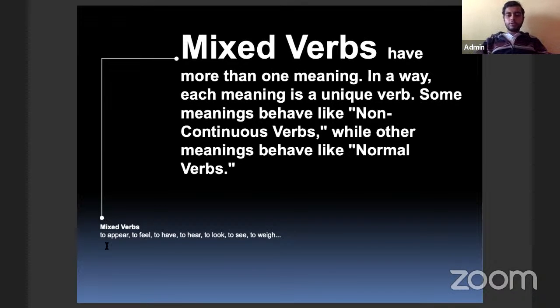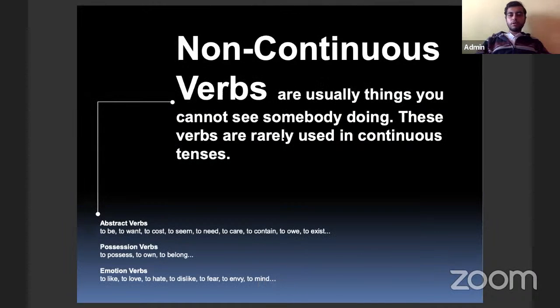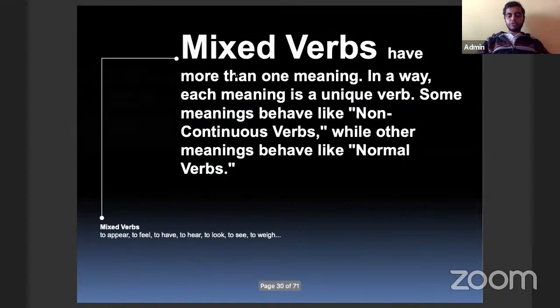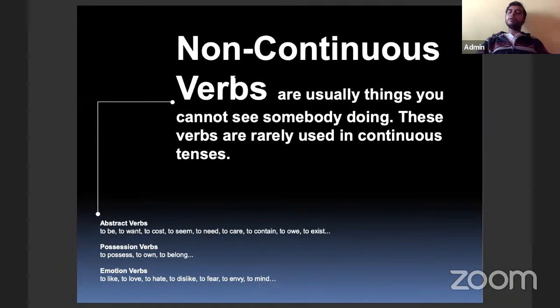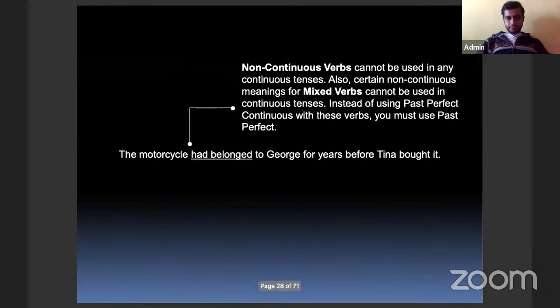So when feeling means feeling hurt, it is a non-continuous verb, whereas when feeling means touching, it is a normal verb. So when it is in non-continuous form, you cannot use continuous tense. Like you can, but you should not.